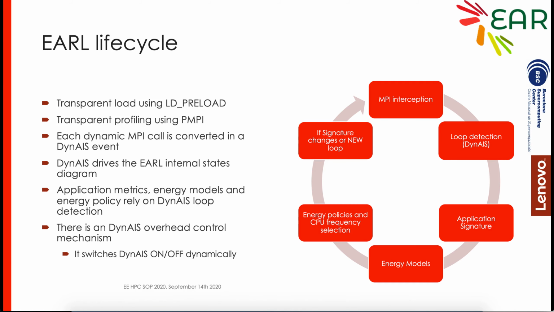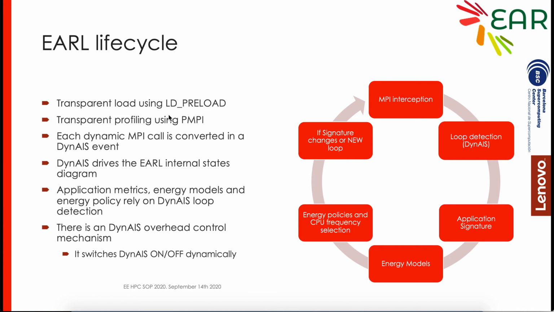So when the EARL library is loaded, it starts what we call the EARL library lifecycle. The internal behavior of the library is iterative. It starts with MPI call interception. The EARL library intercepts all the MPI calls. The library itself is started with the LD_PRELOAD, but the MPI calls are intercepted using the PMPI profiling MPI standard mechanism.